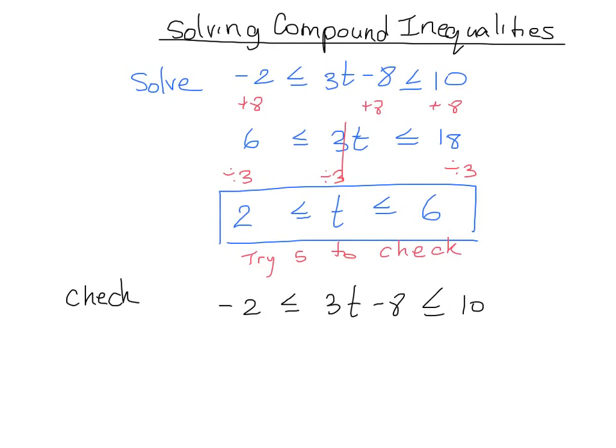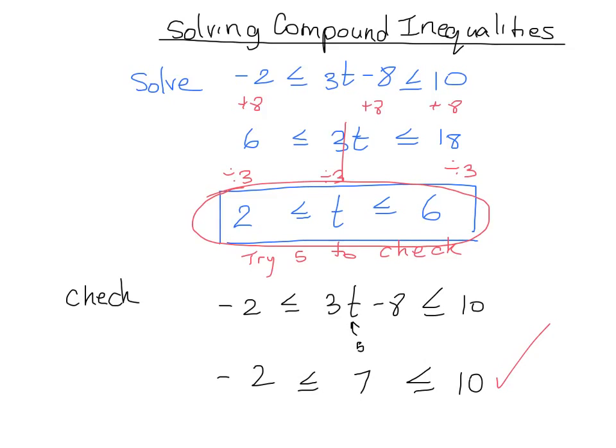So we plug in 5 for t, and in the middle, what is 15 minus 8? We get 7, which is in fact greater than -2 and also less than or equal to 10. So that's a great sign that our answer is in the right region.